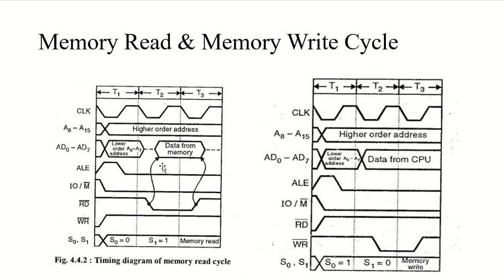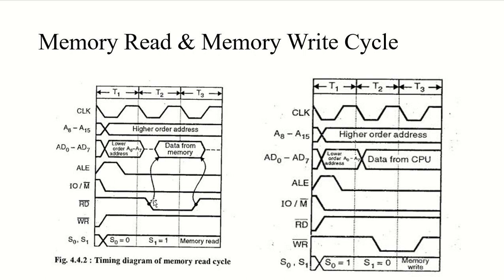In the memory read cycle, what do we have to do? We have to read the data from the memory. In memory write we have to write the data in the memory. So we were activating the write signal here, but in read we will be activating the read signal during the T2 state instead of activating the write signal during the T3 state.